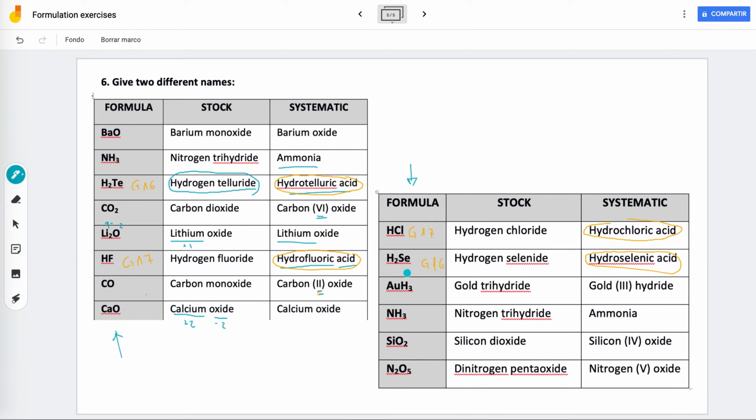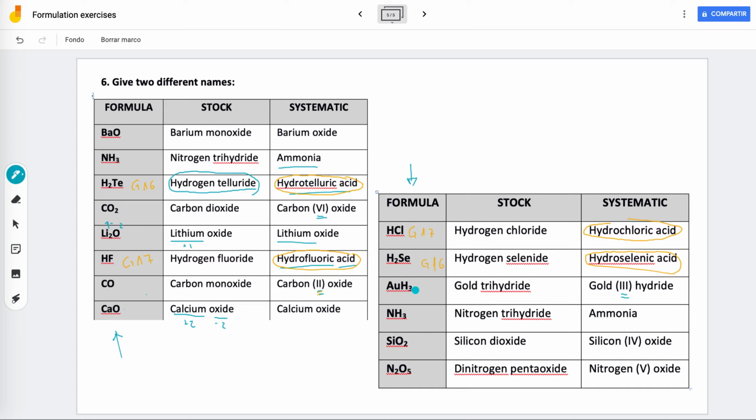Okay, as I said, hydrogen chloride, hydrogen selenide, the hydrides from these two groups, 16 and 17, are very specific. They are acids in aqueous solutions. Gold trihydride, yes, gold, and then 3 hydrogens. Gold in this case has oxidation number of 3.